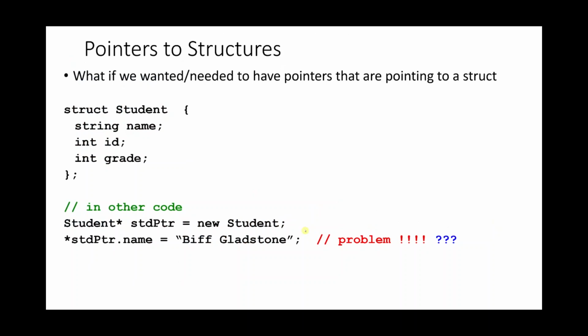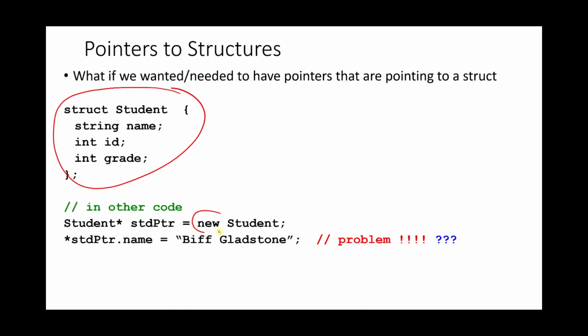So pointers to structures, and this is very important. What if we wanted to have pointers that are pointing to structures? So we have our structure in here, and we are going to create a student variable, but that student variable is going to be located or stored in the heap. So you need a pointer.